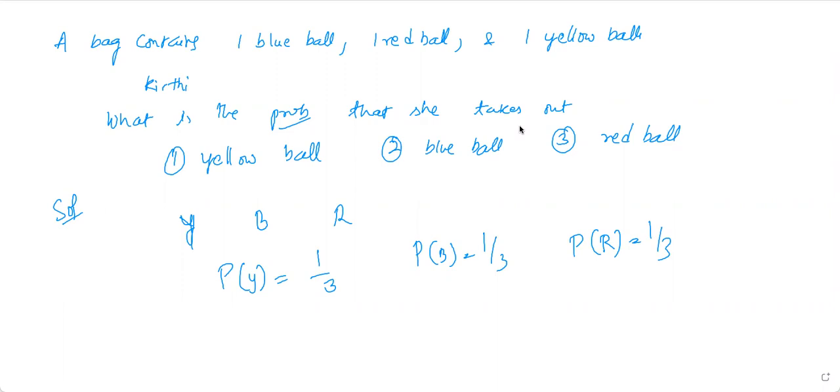The sum of the probabilities of the events Y, R, B is 1. Also for tossing a coin, event H is head and event T is tail. So probability of H is equal to probability of T, which is 1/2, and the sum will be 1. So the sum of probabilities of all the elementary events of an experiment is 1.